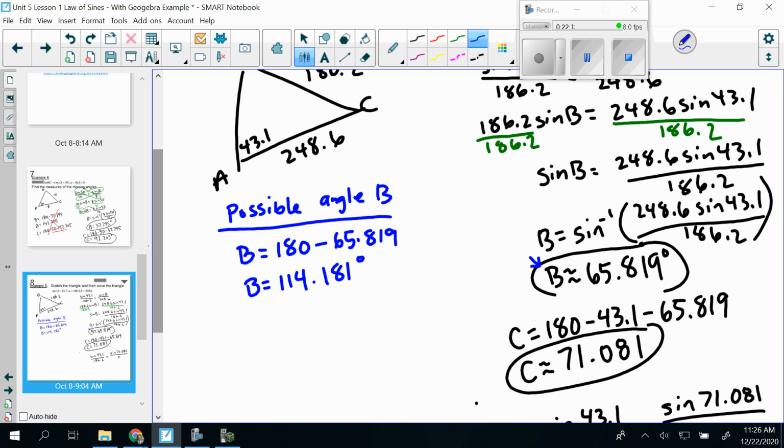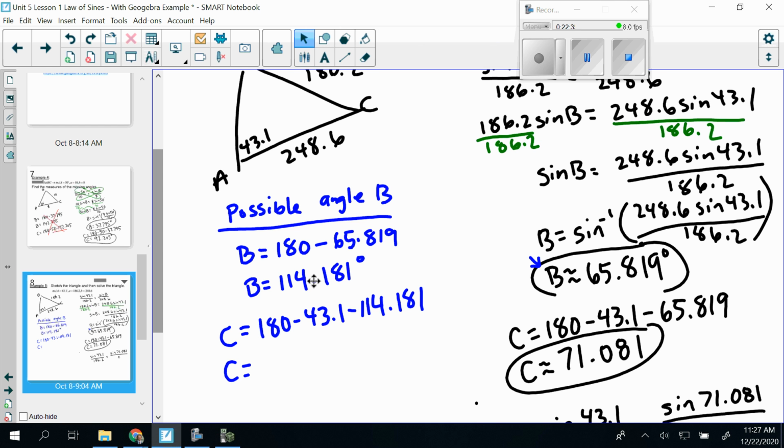Let's try to solve for C now. So C on this one would be 180 minus 43.1 minus this angle B we just came up with, 114. And this one looks like it will work. There are two possible angle B's that we can have with two possible angle C's, because when we subtract that, it will work out.